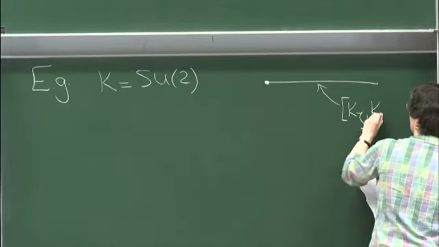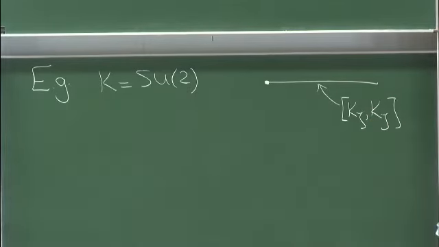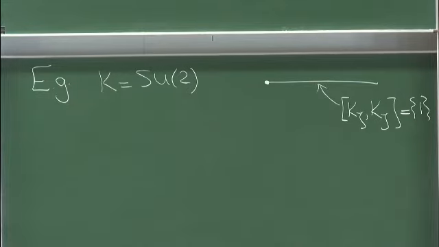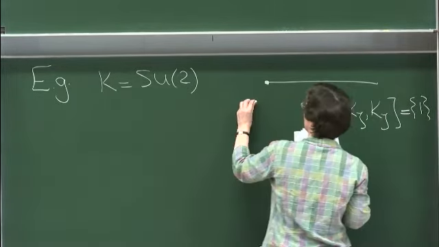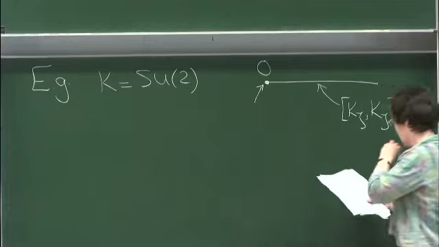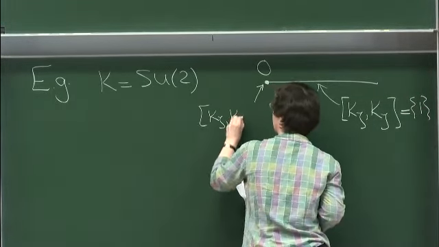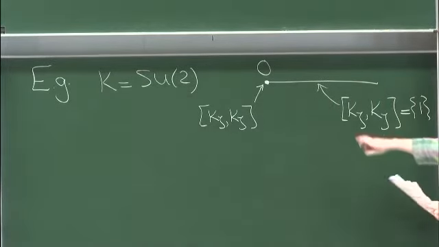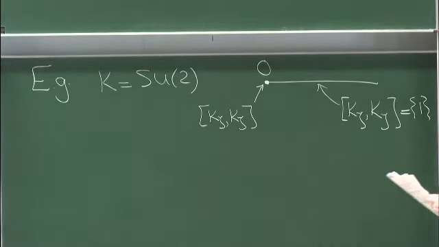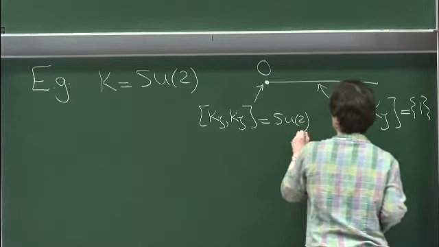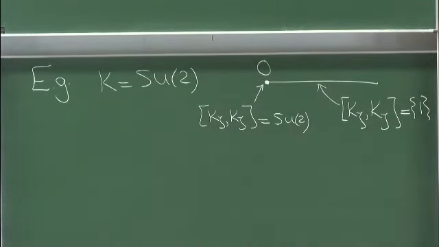The stabilizer is the torus, and so its commutator subgroup is trivial. So you're not doing any collapsing on the interior of the positive Weyl chamber, but at 0, the only boundary point, then the stabilizer is just the SU2 itself and its own commutator subgroup.